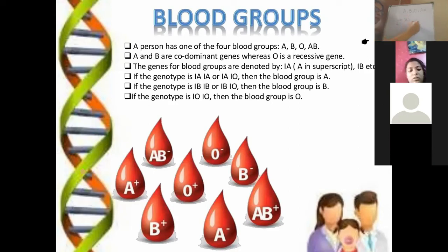Then the prevalent blood group among the progeny will be A blood group. If both the genes are the same, then it will be that blood group. If it is A and B, because they are codominant over each other, the resultant blood group among the progeny will be AB, right?